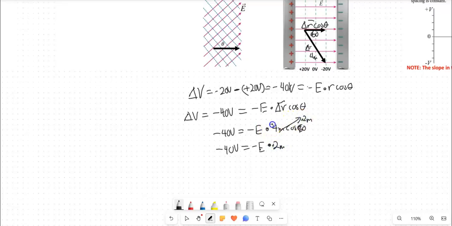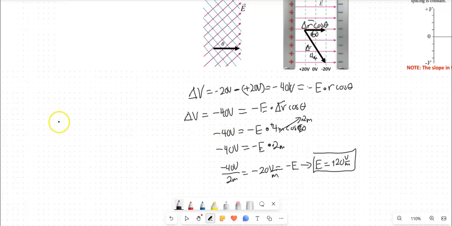Negative 40 volts over 2 meters is equal to negative 20 volts per meter, which is equal to negative E. Therefore, the electric field is a positive 20 volts per meter. That is correct.